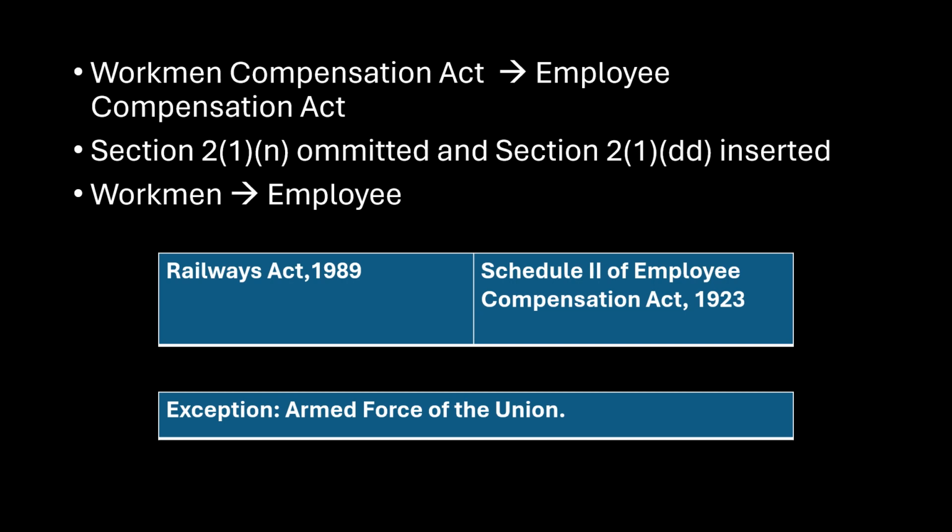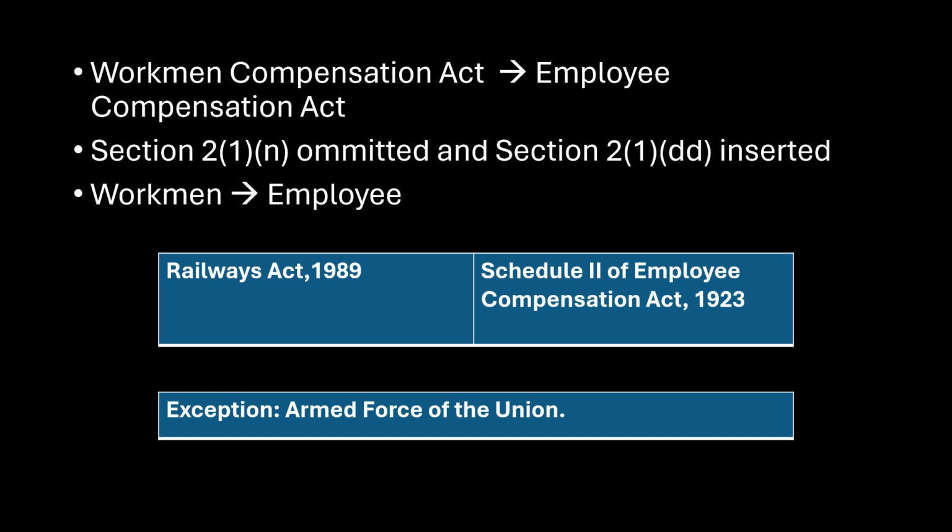For example, with respect to people working outside India, if any member of the crew of a ship, or a captain or crew of an aircraft, or a person such as driver, helper, or mechanic who is employed in a motor vehicle, or a person recruited by a company, all these people, if they are working outside India, and the respective ship or aircraft or motor vehicle or company is registered in India, then they fall under the category of employee, or they can be considered as an employee.